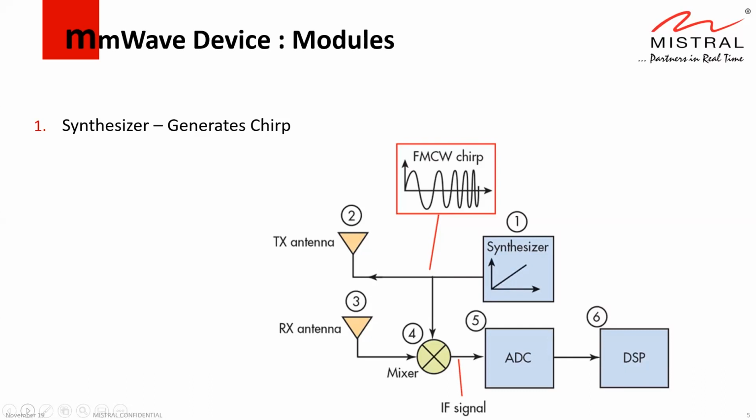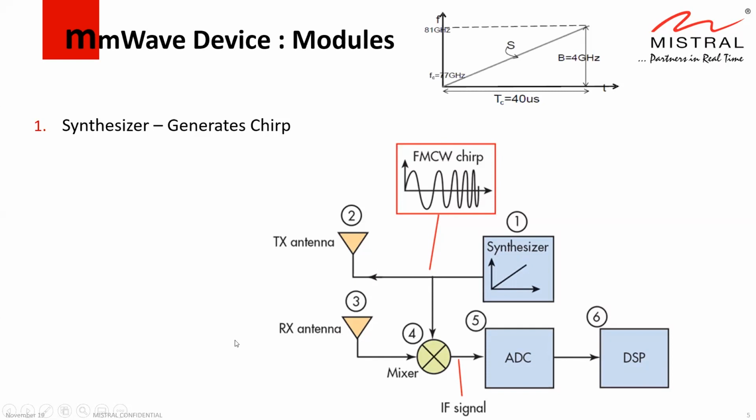In millimeter wave, the frequency starts at 60 gigahertz or 77 gigahertz and varies linearly over the bandwidth. Suppose we have 4 gigahertz bandwidth: it starts from 60 gigahertz, and the chirp varies to 64 gigahertz.